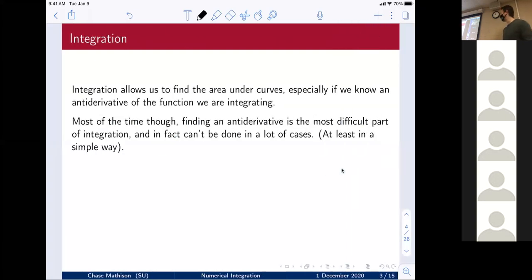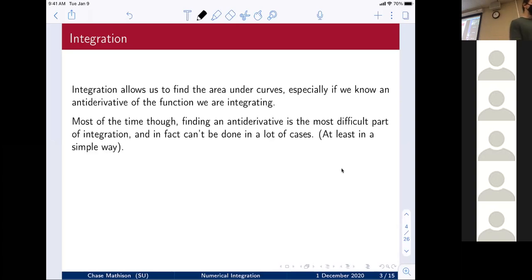In real life, though, most of the time, we don't know an antiderivative of the function we're integrating, right? The examples I've shown in class have been very specially chosen so that we can find an answer using the fundamental theorem of calculus. And in fact, in a lot of cases, you can show that a function you're integrating doesn't have a simple, what's called elementary, antiderivative.